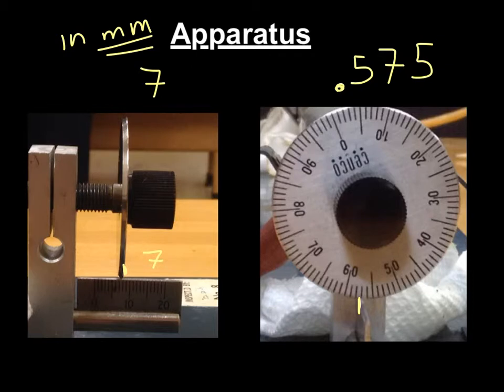So my original length L naught is 7.575 millimeters. Then you are going to unscrew this, back it off, and leave about 4 to 5 millimeters. That way when your rod expands, it doesn't squish it.